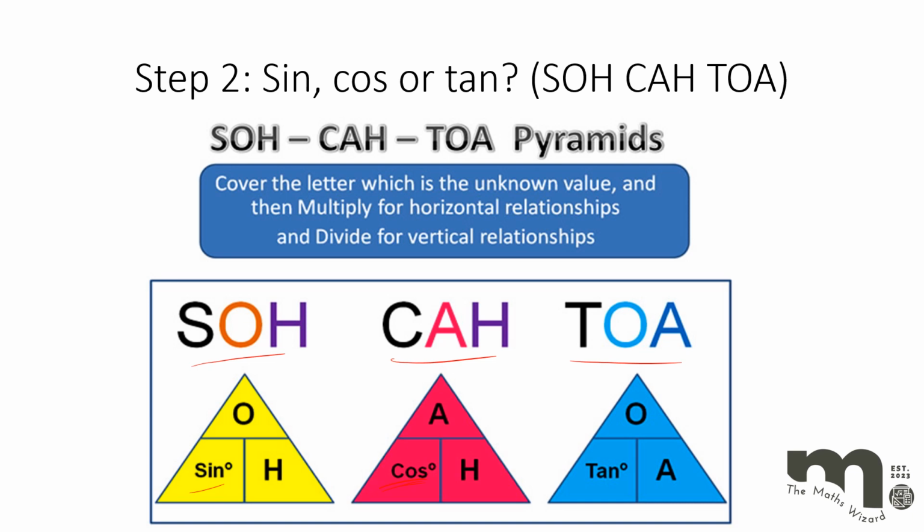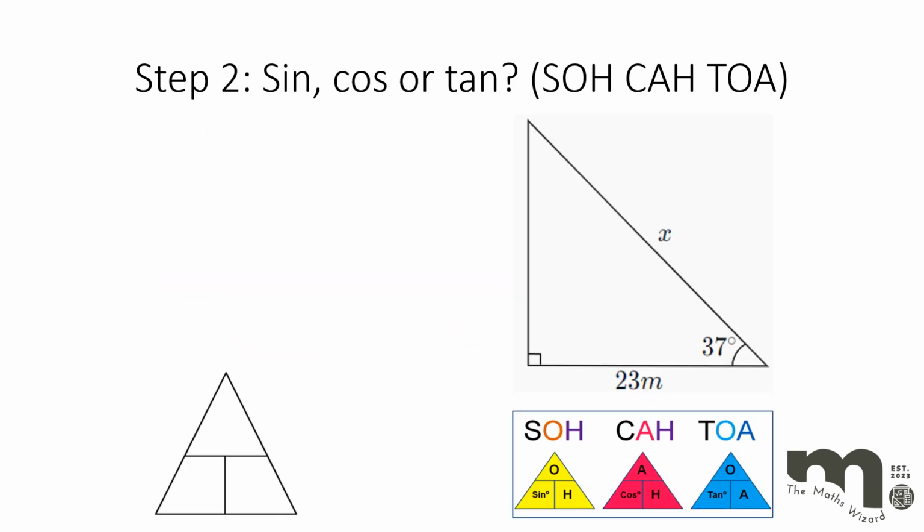The formula triangles that we've got here will be quite useful for the next step when we come to looking at the calculation that we need to do. Let me show you how you would go about identifying your trig ratio. We need to do what I said at the start of the video, which was to label your sides.